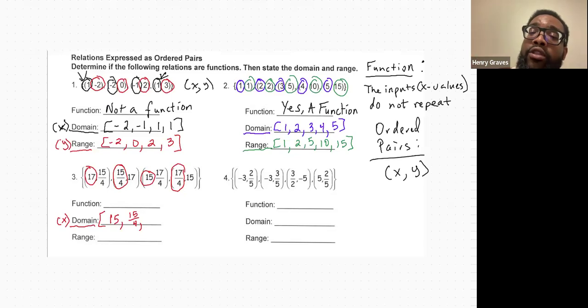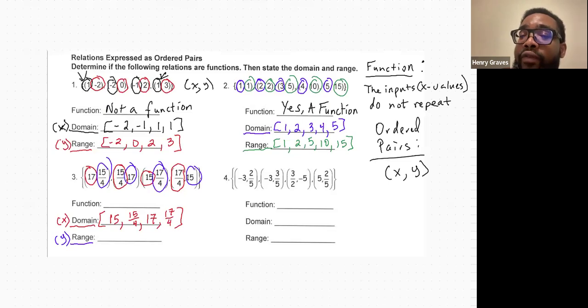And then we're going to do the other part, the range, which will be the y numbers. I'll circle those in purple. Interesting, it looks like they also did the same thing here. We got a 15, but we got two 15/4. No, make sure that's right. No 15.